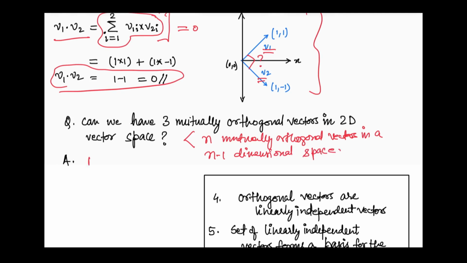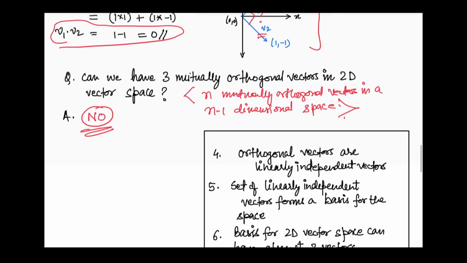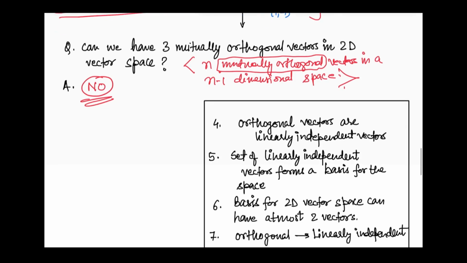And the answer is no, we cannot have that. Why can we not have this many mutually orthogonal vectors? The phrase is very important. It should be mutually orthogonal vectors. In such a scenario where the dimension of the space is less than the number of mutually orthogonal vectors that are desired, it is not possible.